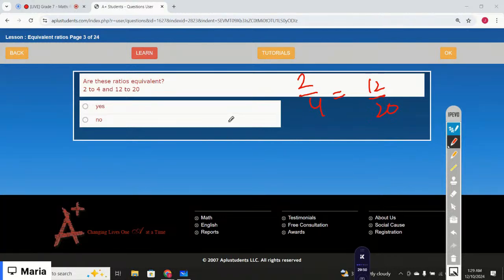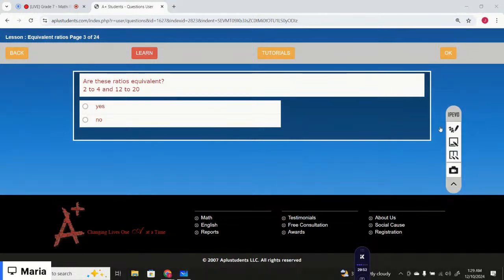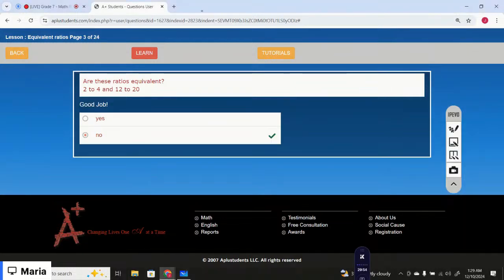The correct option is no, they are not equivalent, right? Option number 2 is the correct option.